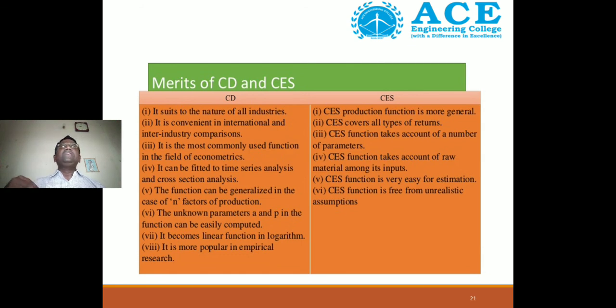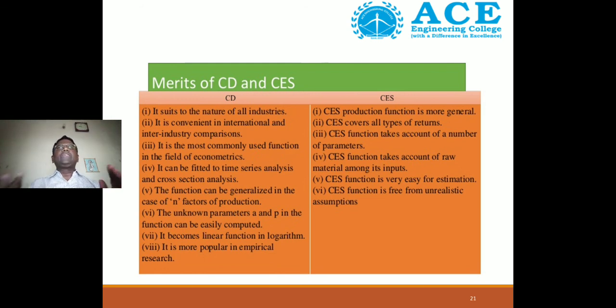The CES function is free from unrealistic assumptions and is more empirical in research. These are the differences between the Cobb-Douglas production function and the constant elasticity of substitution.